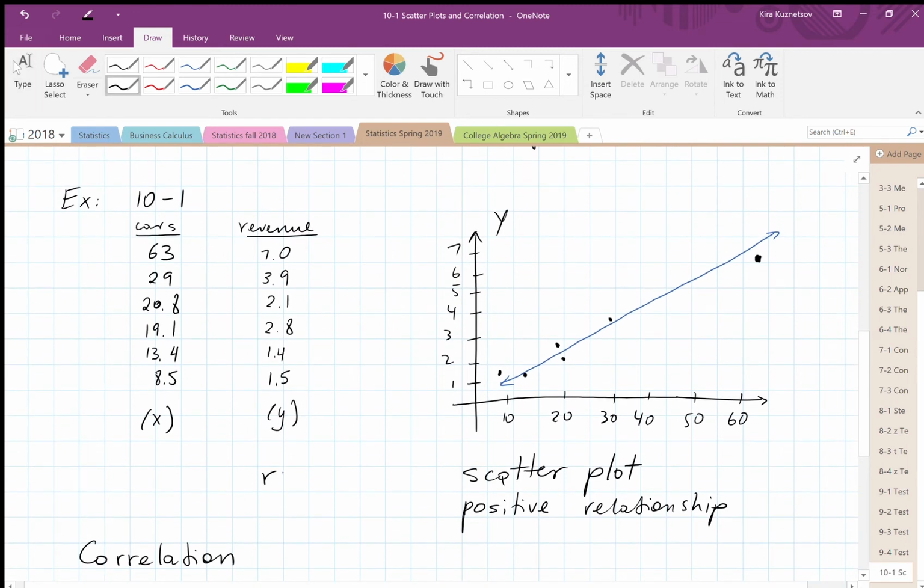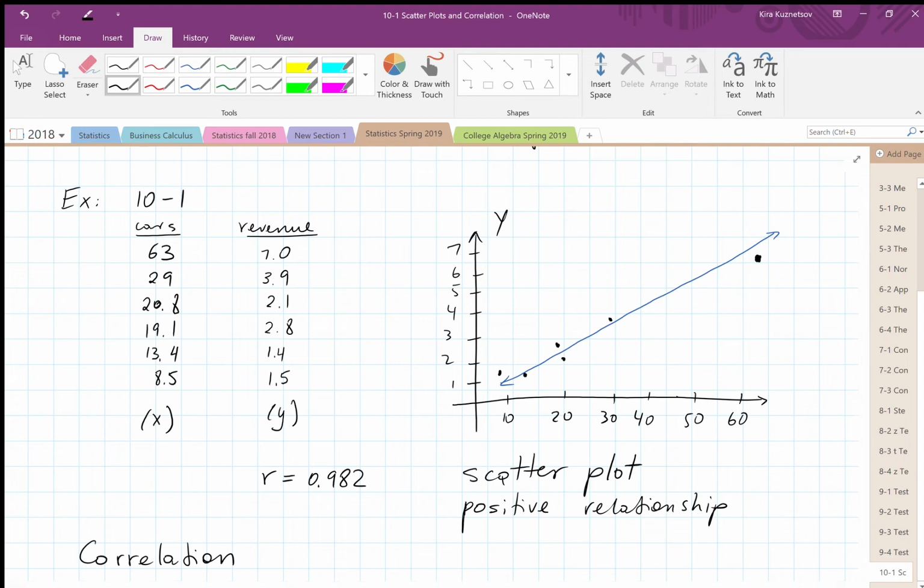But in this particular example, notice that the points do line up pretty nicely, even according to my pretty bad sketch. The r does come out to be 0.982 according to the book. This might be a rounding, but it does look like it's pretty close to a 1, meaning it's a positive relationship.